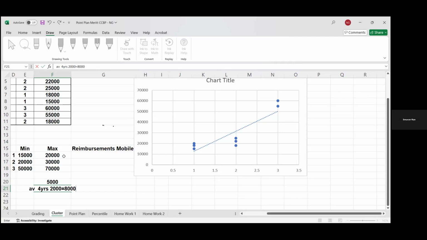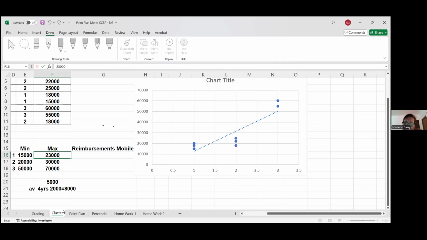So what do I need to do? After he reaches 20,000, will I then shift him to grade 2? I need to extend this band. How much more do I have to add? 3,000. Absolutely. So this will become 23,000.